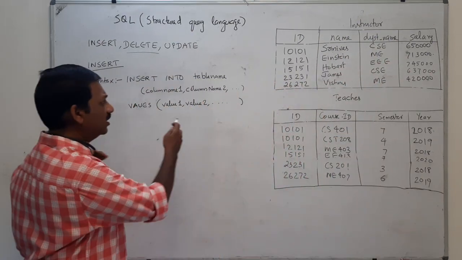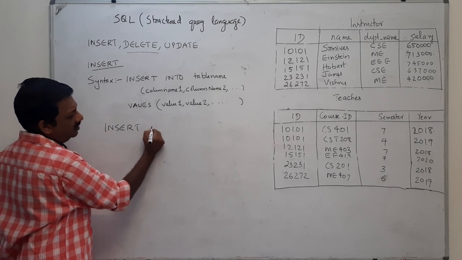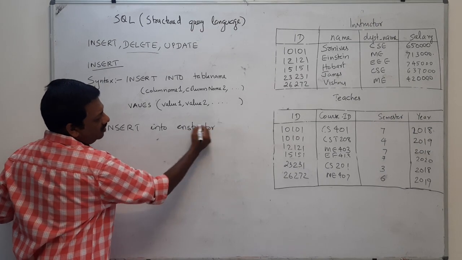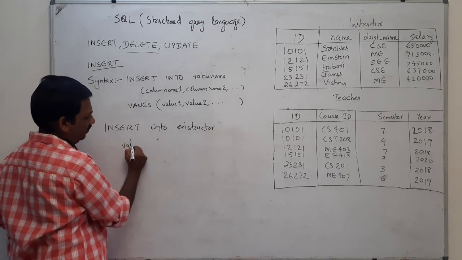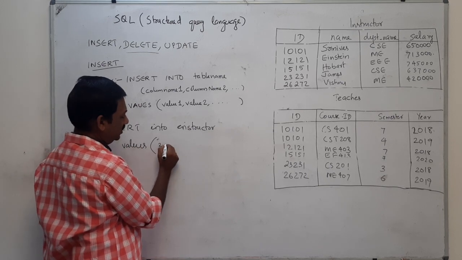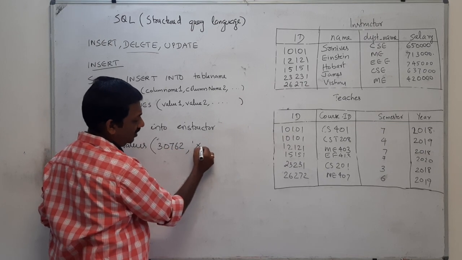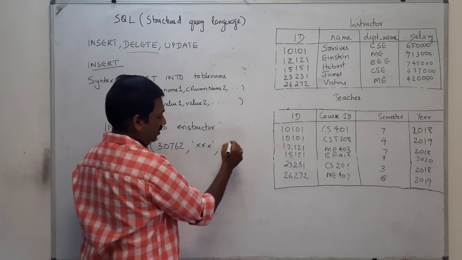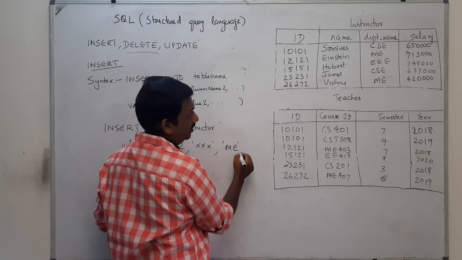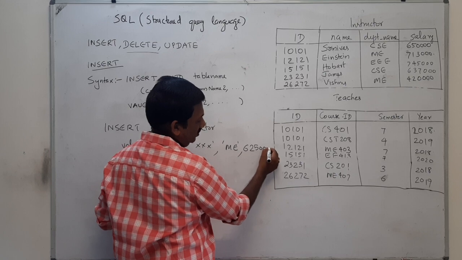For example, here if you want to insert into instructor values, I'm going to have say 30762, then name is xxx, then department is say ME, and salary is 6,25,000.